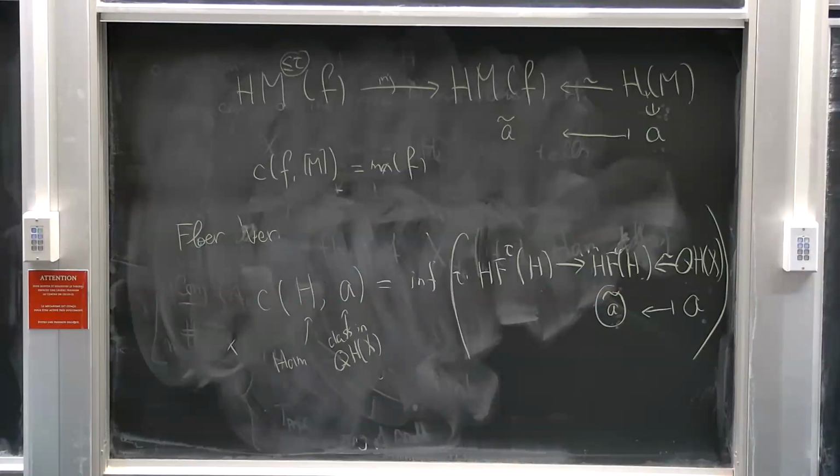I have to assume something. Suppose you are in the following situation: your symplectic manifold has a very nice property that its quantum cohomology splits into a field component and an A part, which could be whatever algebra.